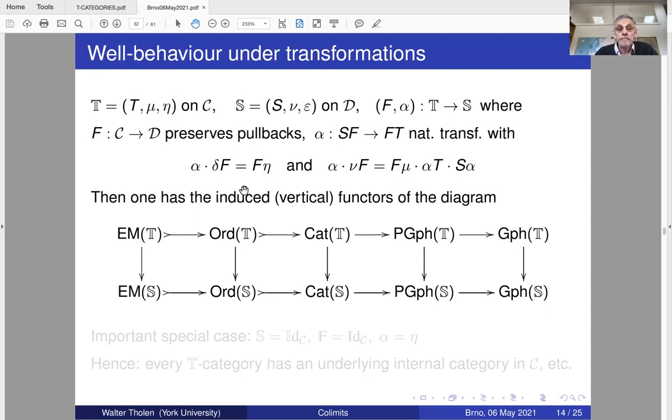And these arrows are nice. They will preserve Cartesianness, etc.